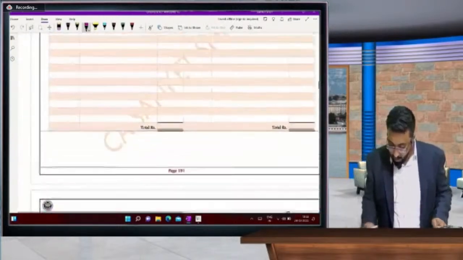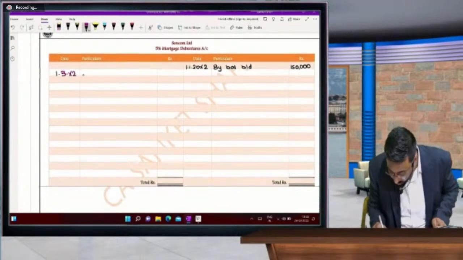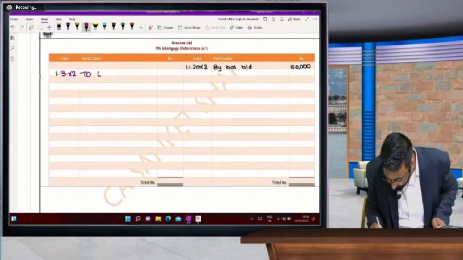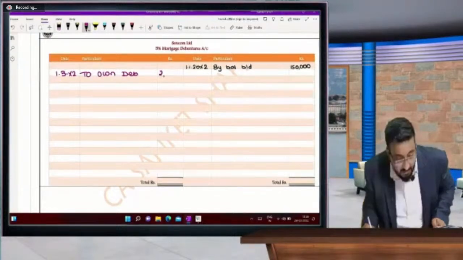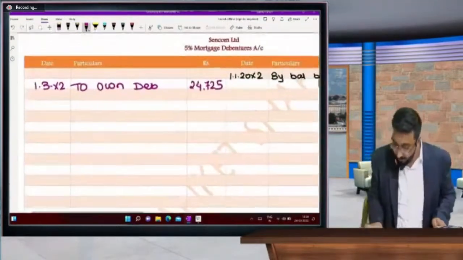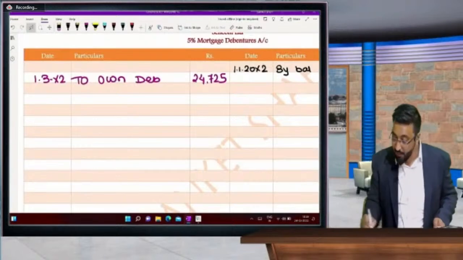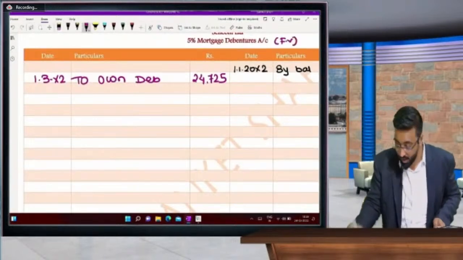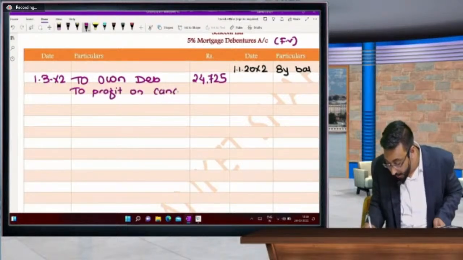Now you write it on own debentures account. Debentures account to own debentures: 24,725 on the debit side, because you are cancelling it. But debentures are always shown at face value. Therefore, you are going to record profit on own debentures on cancellation.